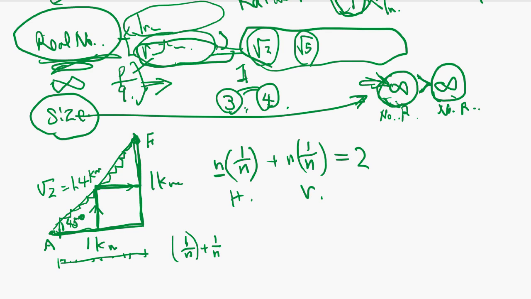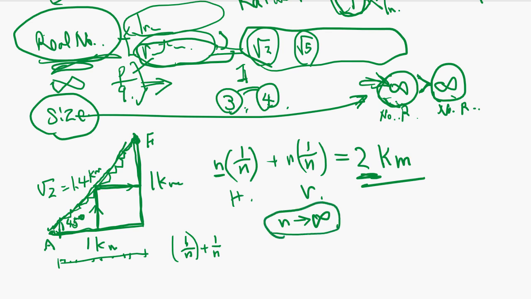So when you make n infinite, very close to this line, I'm walking almost this line, still walking 2 kilometers. What's wrong with this? This ant said, something's wrong. If I make n infinity, it has a little zigzag, but it's almost a straight line.